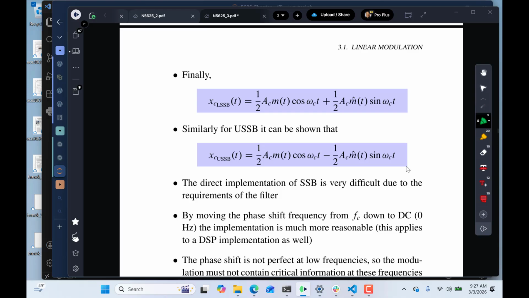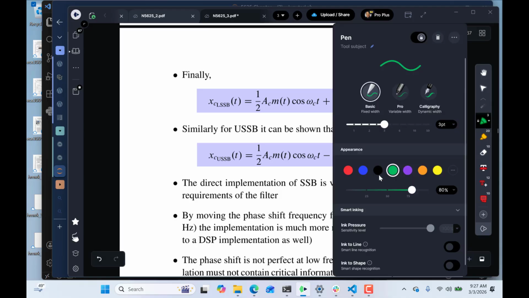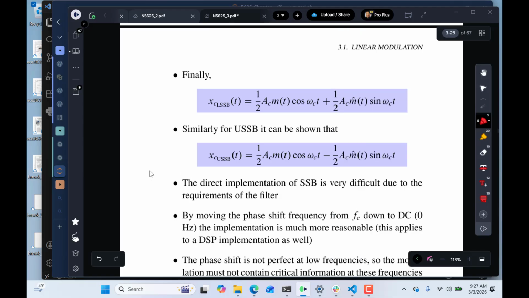The first one says we take the signum function of M times the sine, and then we have the sign changes. Both of these have the exact same form, except one has a plus sign. That gives us the lower single sideband, and then to get the upper single sideband, we have the minus sign.